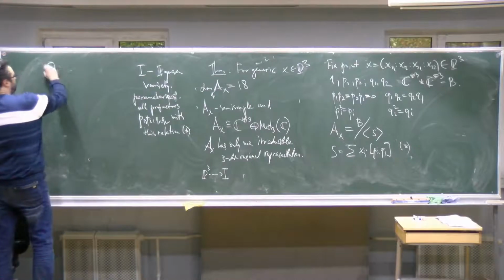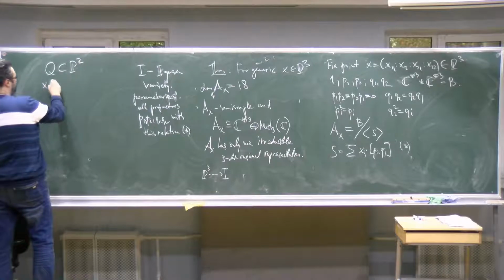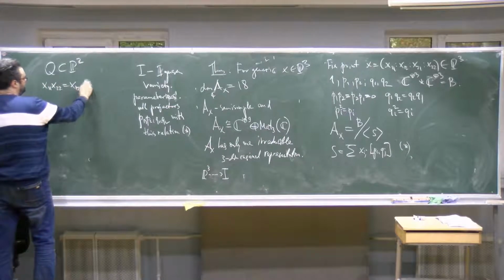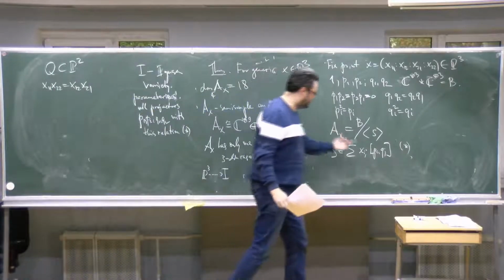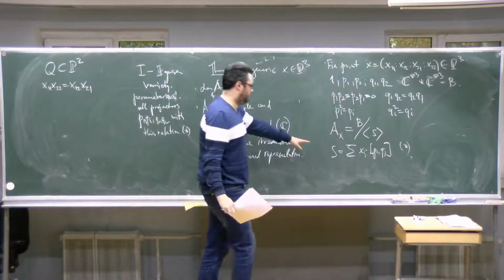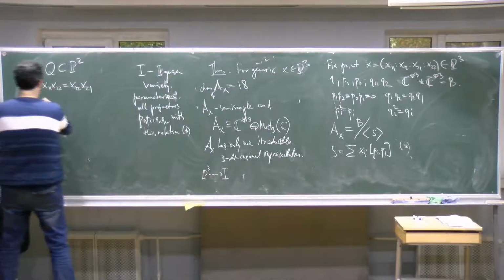Consider the following quadric in P2, which is given by the following equation. Why this equation? In this case, this element S can be written in the following form.